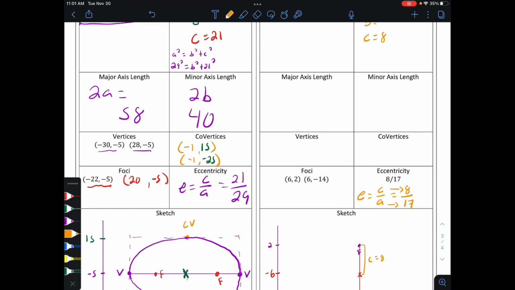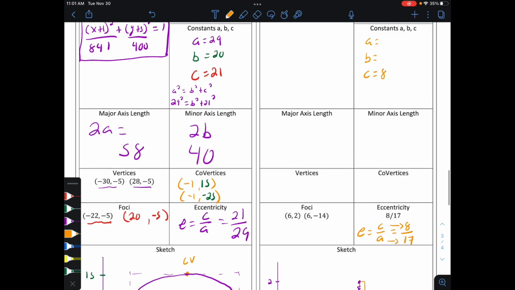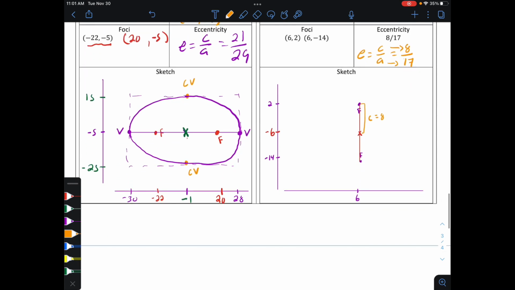Don't always assume that in the fraction, what's on top is c and what's on bottom is a, because it could wind up not being reduced or written differently. So we knew that c was 8 off our graph, so that tells us that a was 17. So if I know that a is 17, what that means is my actual vertices are going to be 17 units above and below the center.